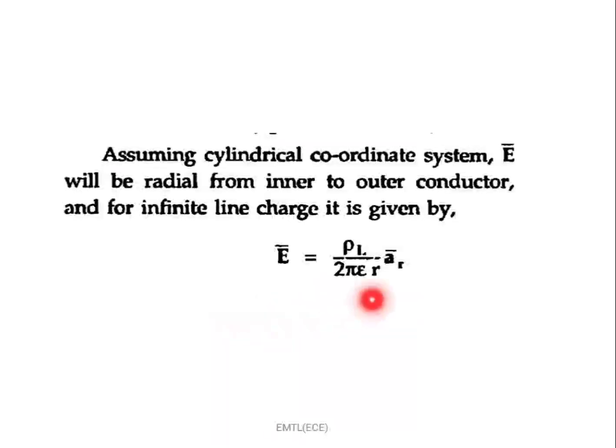So the electric field intensity for this line charge is rho L by 2 pi epsilon r AR bar. Here r means the radius, that is a radial vector. It will be radial, and the direction of E will be radially from the inner to the outer conductor.